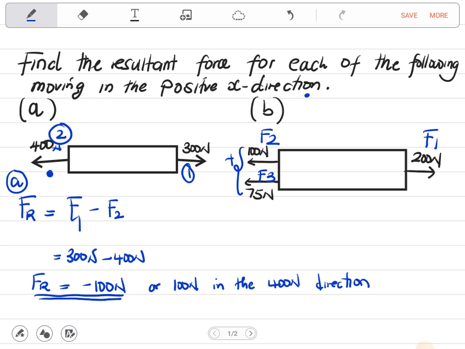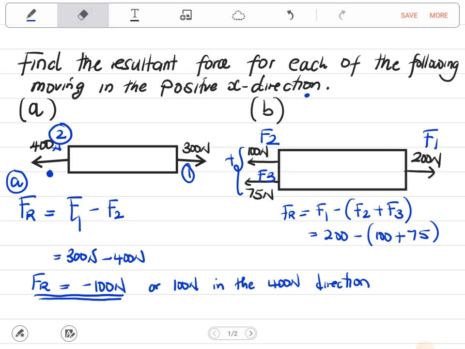So we are saying the resultant force here is equal to F1 minus F2 plus F3, like that. So our F1 is 200 newtons minus, our F2 is 100 plus what? 75.